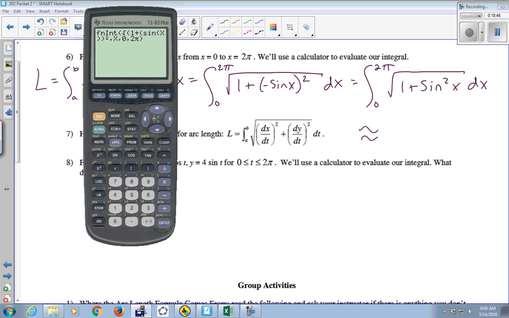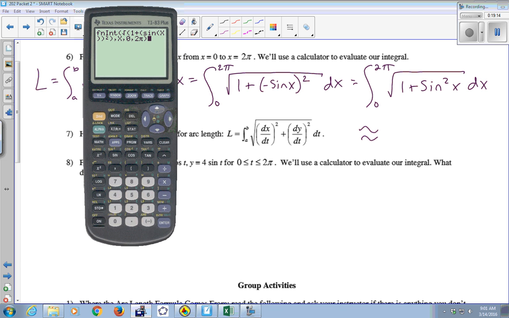Did I not close a parenthesis? Yeah, I opened the square root, I think. Yeah, I think you're right. I got to close the square root. Yep. And then that probably just needs 1.